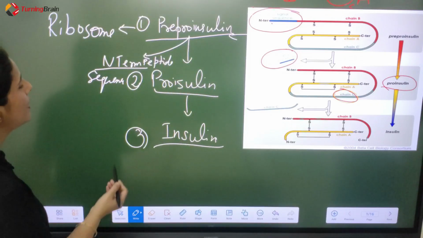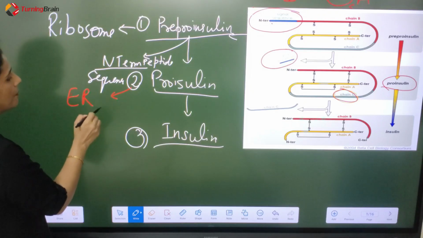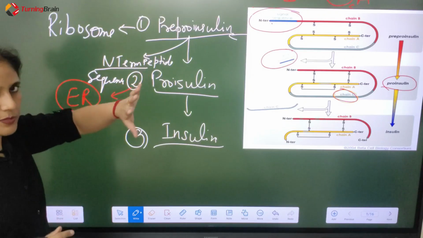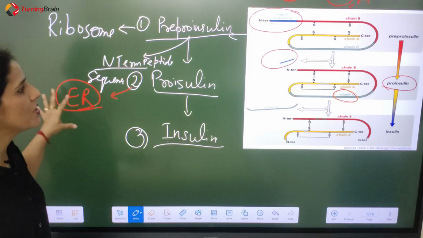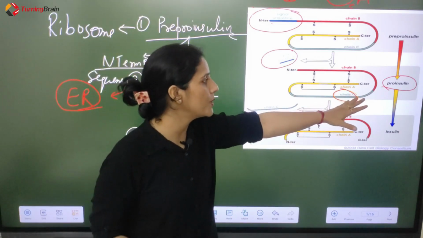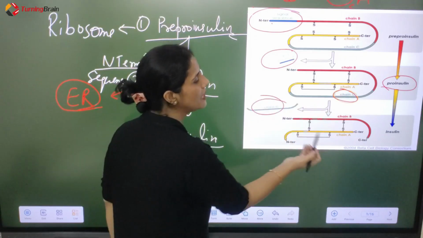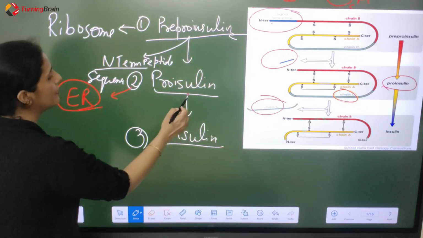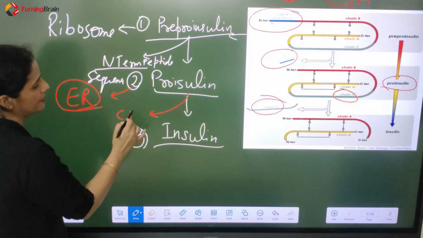Understand? This proinsulin is in the endoplasmic reticulum, because the ribosomes are at the endoplasmic reticulum, and in the endoplasmic reticulum again some changes occur, and the C peptide, or chain C, is removed and makes the insulin. So here the C peptide is removed.